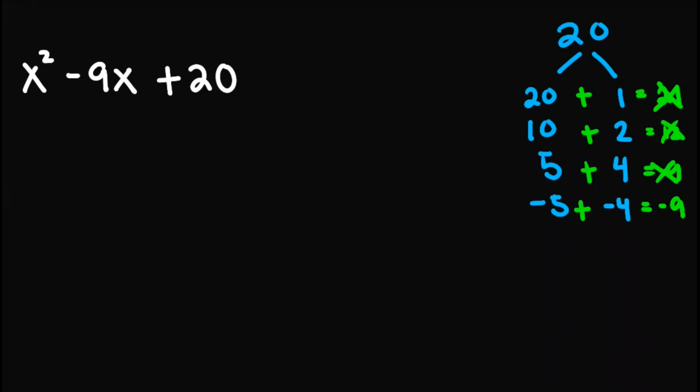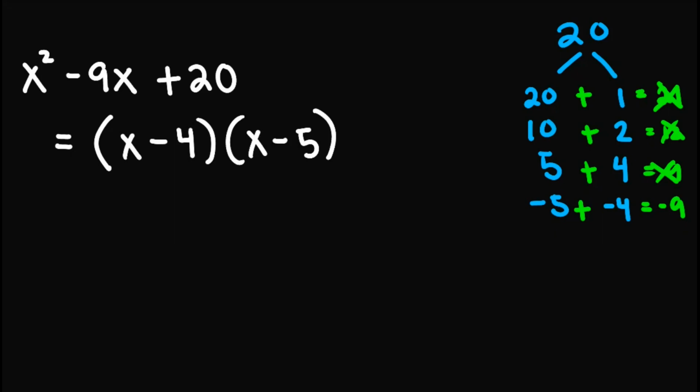So we know that this one would be equal to x minus 4 times x minus 5, since these are the factors that we have found. You can verify that when we apply the FOIL method, this would result to the same trinomial.